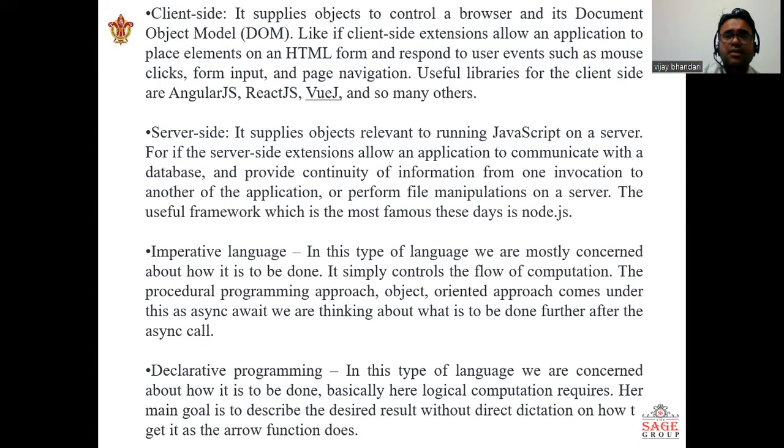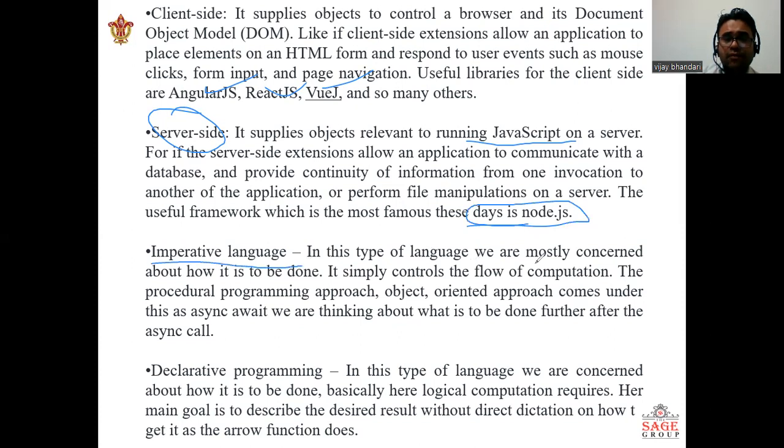Here you can name some client-side frameworks like Angular, React JS, Vue.js, and many others. If you talk about the server side, it supplies objects relevant to running JavaScript on a server, and the extensions allow applications to communicate with the database and provide continuity of information from one invocation to another of the application. Here the example is Node.js. It is also an imperative language.